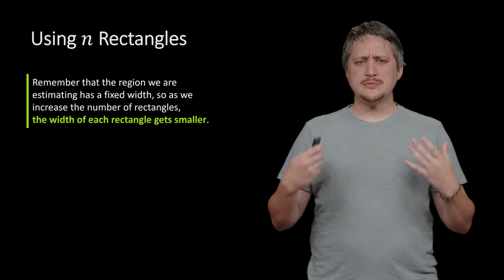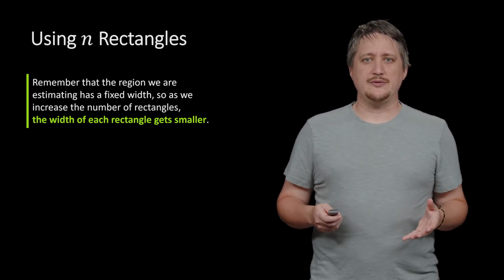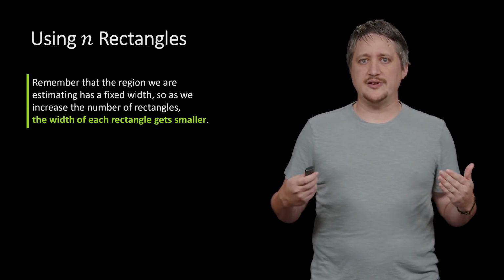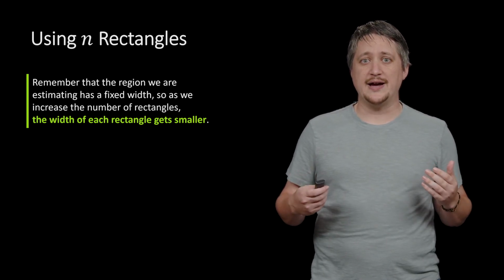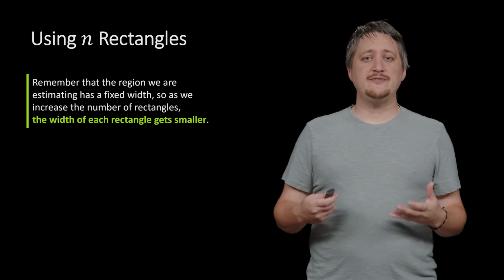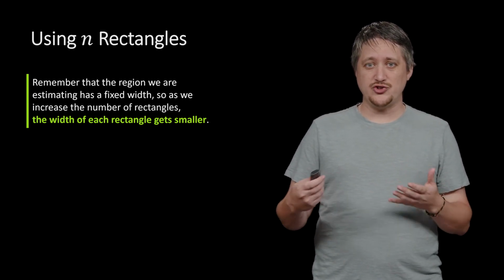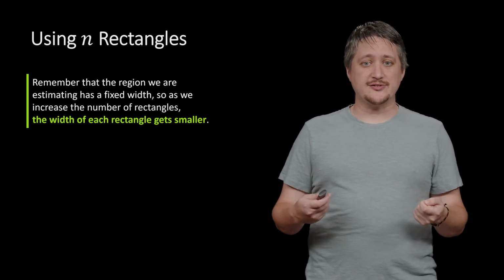All right, so remember the region that we're trying to estimate, right? Whatever that shape is. In our case, it was the triangle that we had, right? That thing, whatever it is, has a fixed width, right? In our case, with our three rectangle shape that was a triangle, that width was 6.